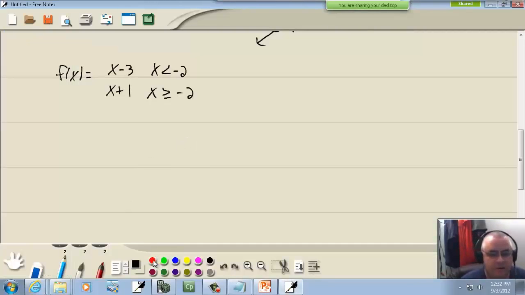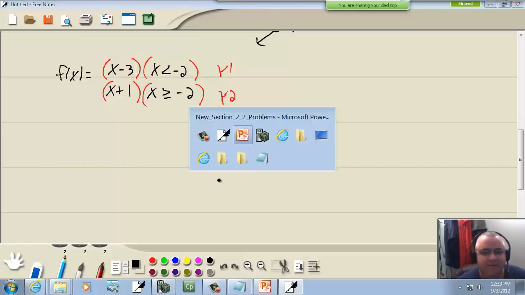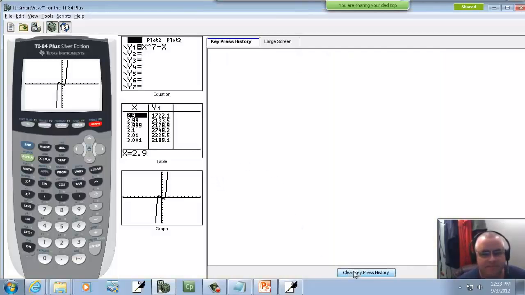Okay, the key to graphing these is put parentheses around x minus 3, put parentheses around the x plus 1, and put parentheses around your conditions like that. And then we're going to put this on y1, we'll put this on y2. Now on the TI-83s, these won't look very good. And you may find it easier just doing it by hand than to fool with technology in this case. Usually I'm pretty big on calculator, but not sure if these add very much.